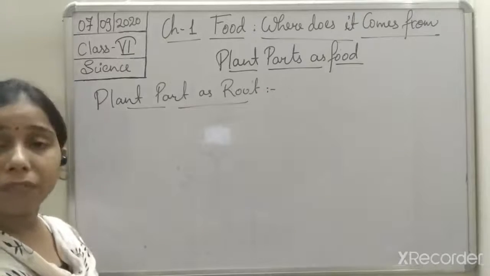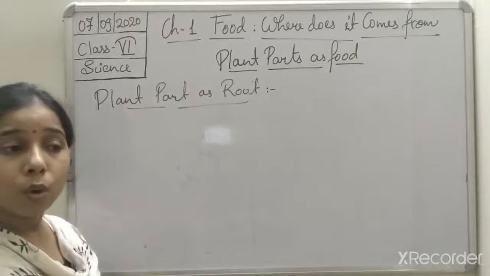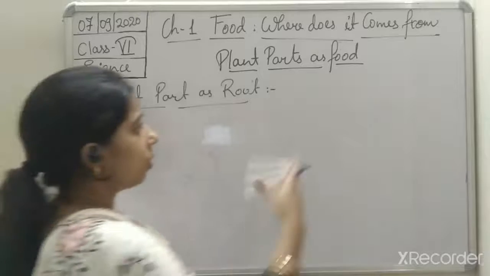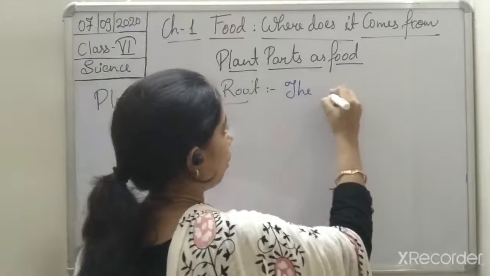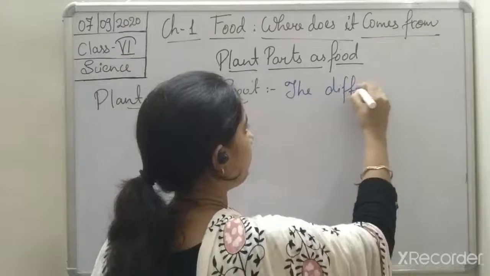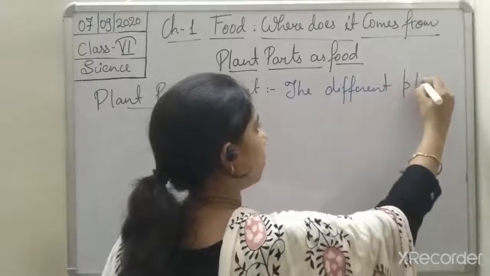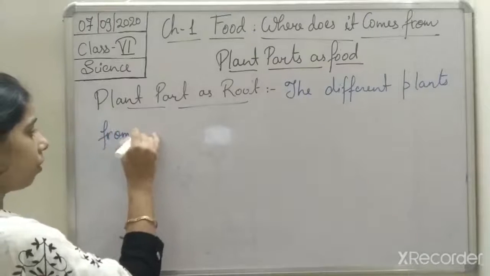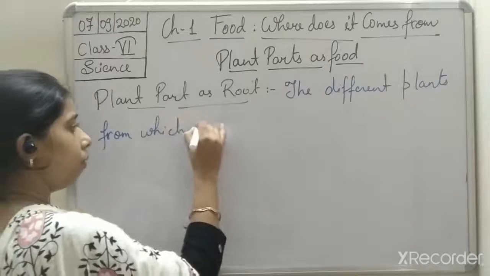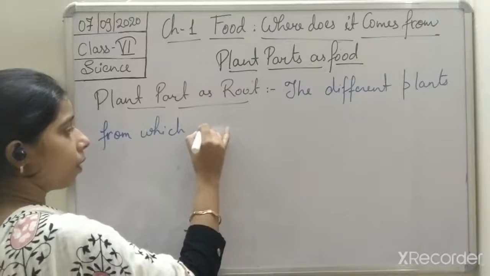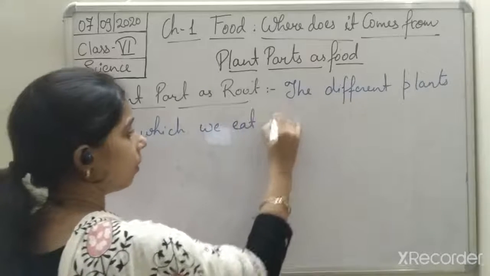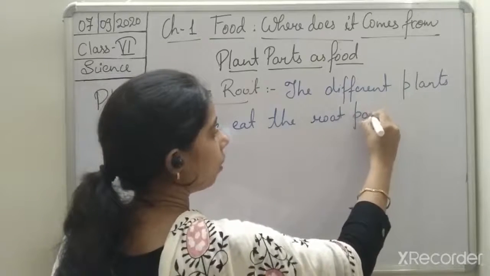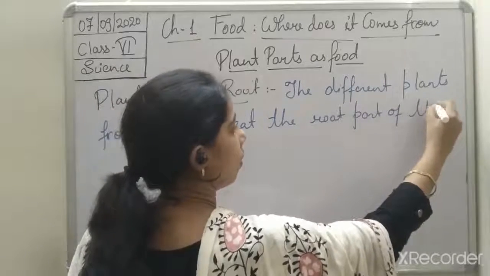So there are different kinds of plants, student, whose root we consume as food. The different plants from which we eat the root part of the plants.